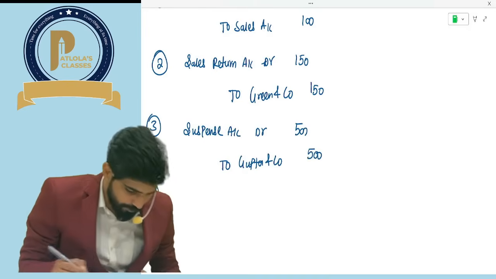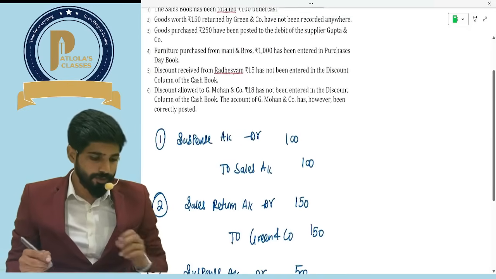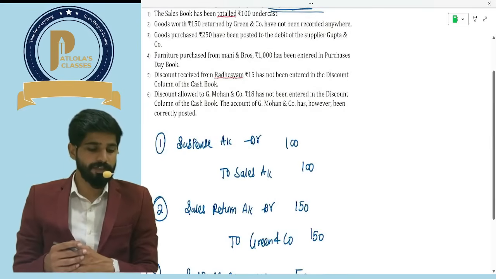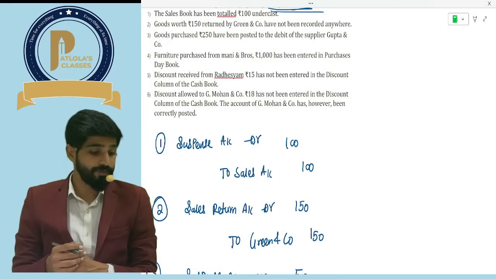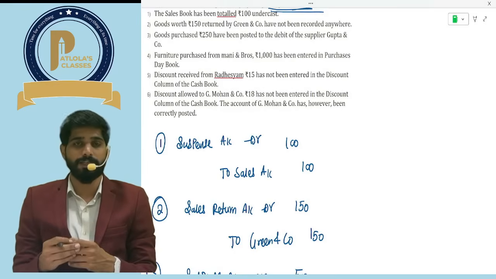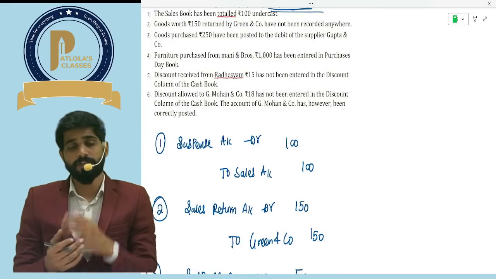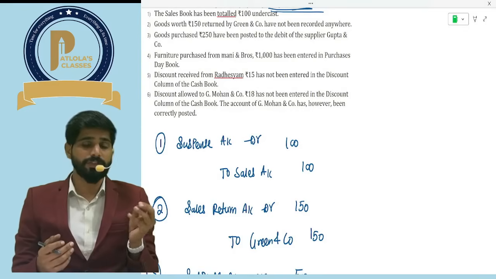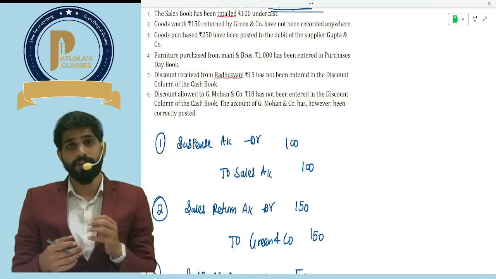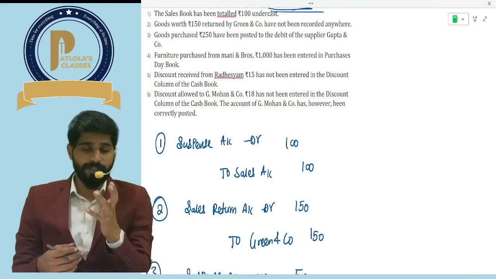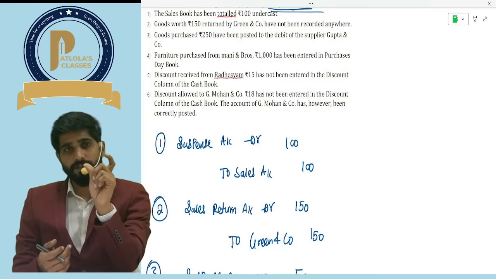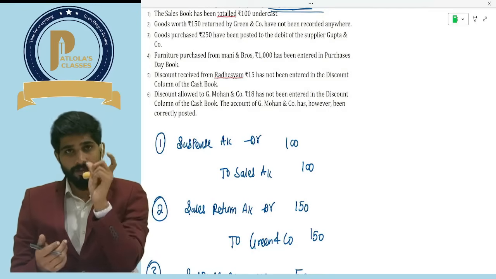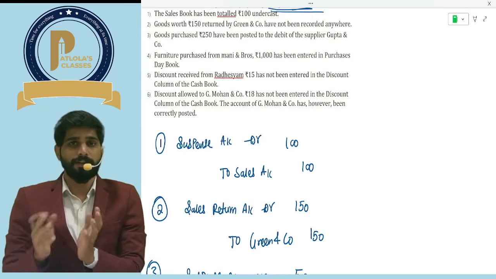Come to the fourth one. Furniture purchased from Maniad Brothers, 1000, has been entered in the purchases book. Guys, whenever you purchase furniture, that is an asset. Asset account should be debited, not purchases. But here, instead of debiting the furniture account, they have debited purchases. Let me tell you one thing, your trial balance will still tally because it is just a mistake in the name or the nature of the account rather than the debit or credit side.